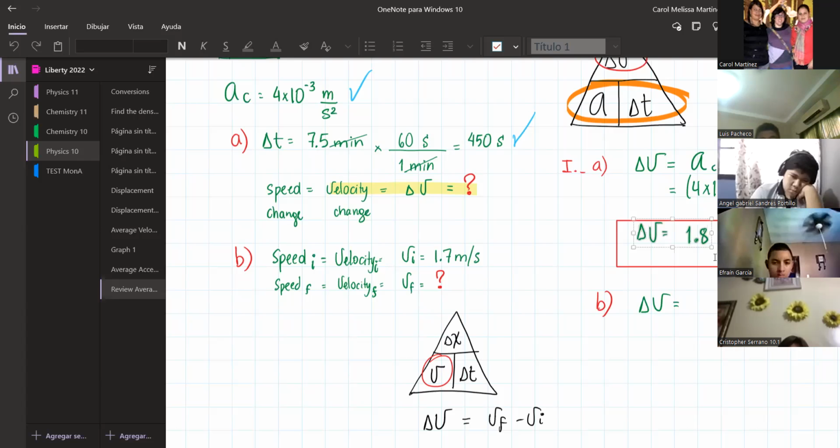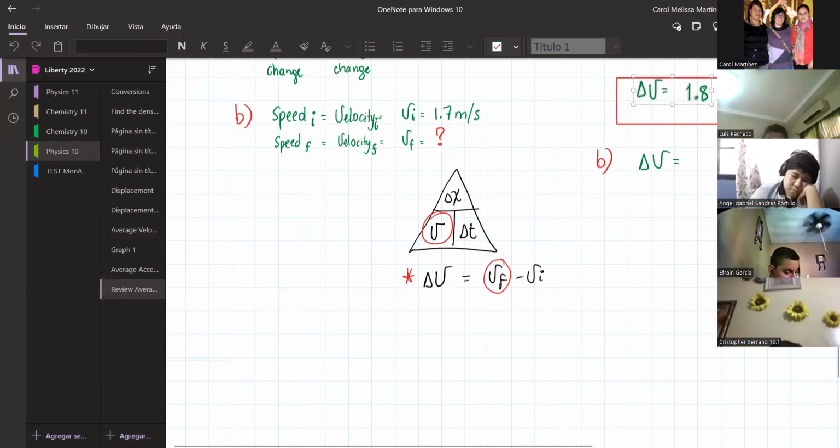Do you remember this equation? This is the first equation that I gave you for velocity. Now, I'm looking for final velocity. If I want to isolate final velocity, take a look.